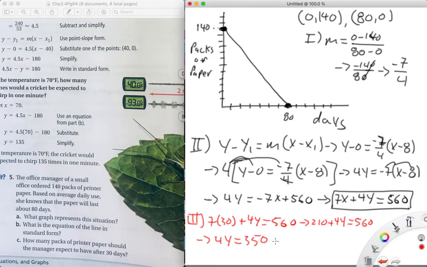And then divide by 4, and I get that after 30 days, it will be 87.5 packs of paper. Okay. All right. It's a pretty good problem. I like it.